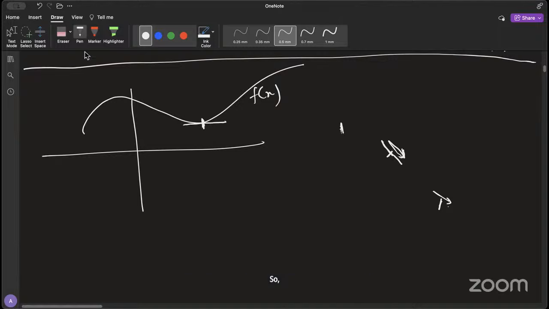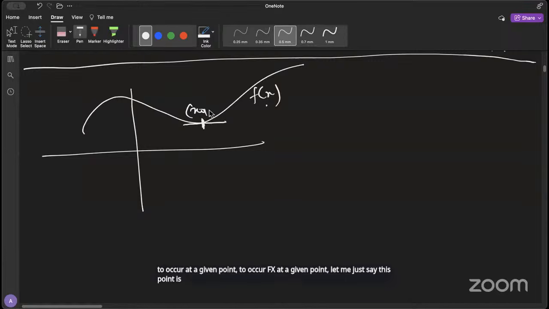So rather than defining your tangent lines as it touches my curve only at one point, we describe it as at a given point, a tangent line to a curve f(x) at a given point. Let me just say this point is (x0, y0), or (x0, f(x0)).